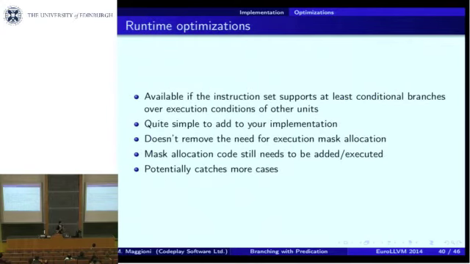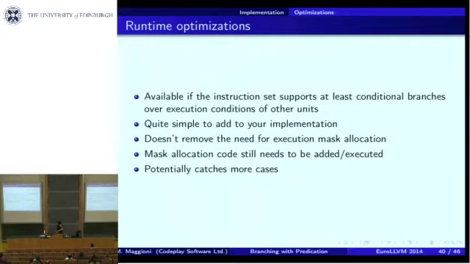Runtime approaches instead are more complete, in the sense that they always catch all the cases. Sometimes they are quite easy to add to your implementation, because the hardware is designed with that in mind.